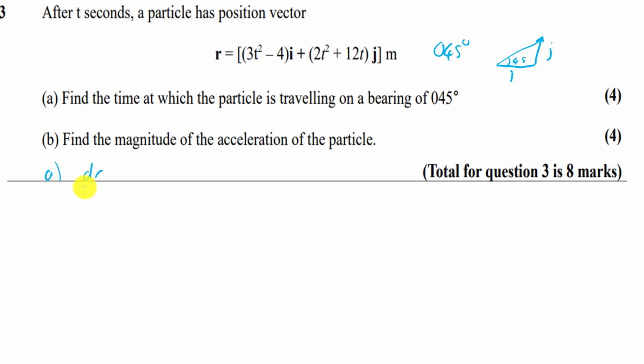We're going to do dr/dt to get the velocity, which is going to give us 6t i plus (4t plus 12) j, right? And that's going to equal our v, our velocity.